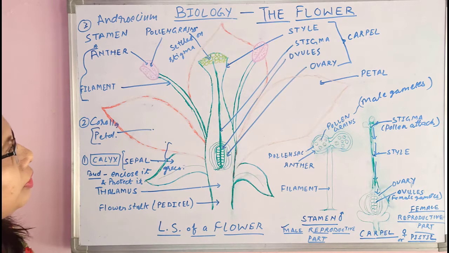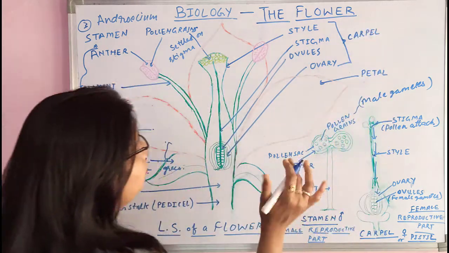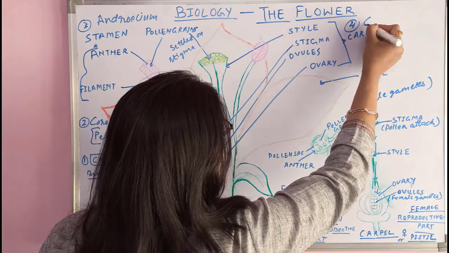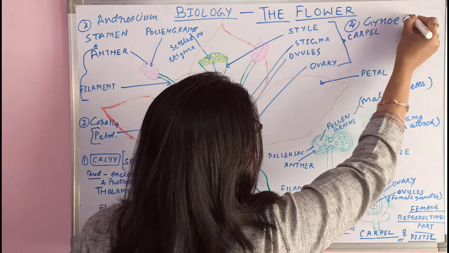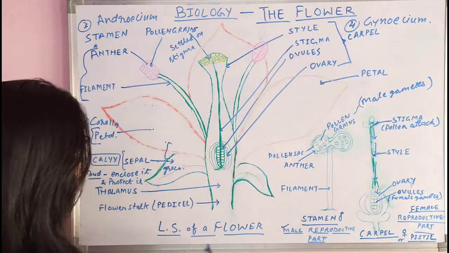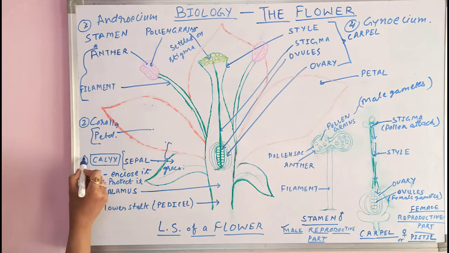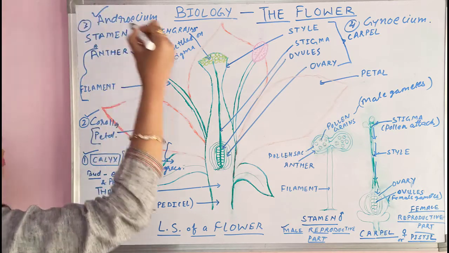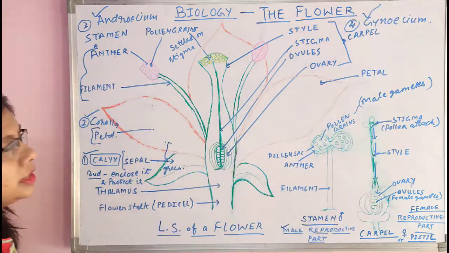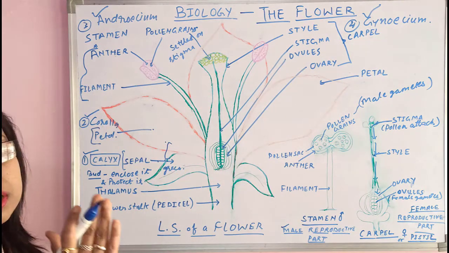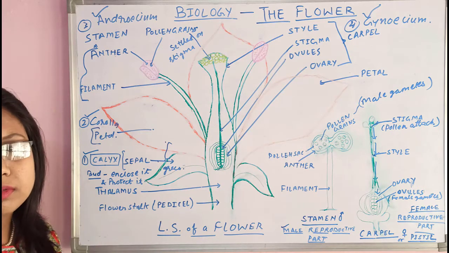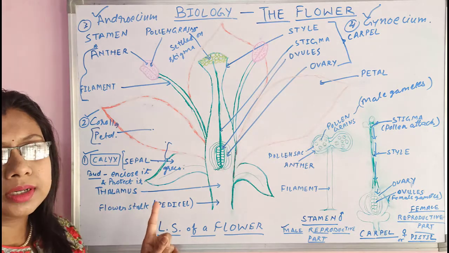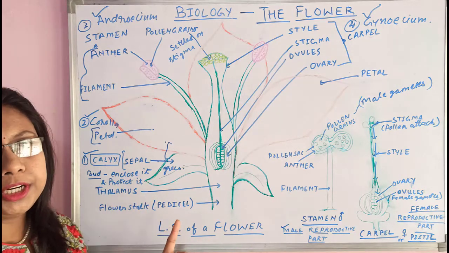See, whenever a flower has all four whorls, the fourth one, I have told you, is the gynoecium. So the first one is the calyx, the second whorl is the corolla, the third one is the androecium, and the fourth one is the gynoecium. These are the 4 whorls present in a complete flower. Whenever any one of them is absent in a flower, that flower is called an incomplete flower.